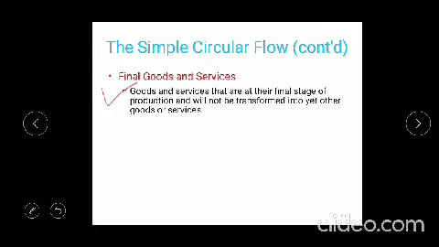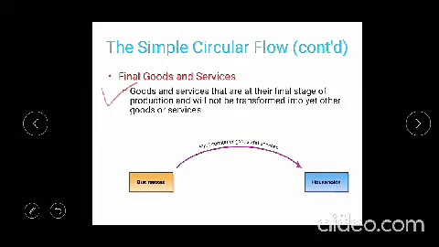In other words, these goods or services will not be used in the production of other goods and services, because if they are used in the production of other goods and services, then we consider them intermediate goods and services. So here, for simplification, we have assumed that the goods and services are in their final stage.